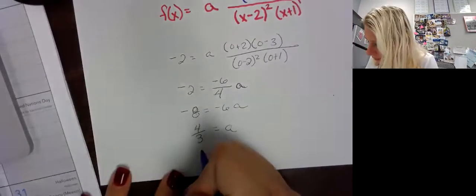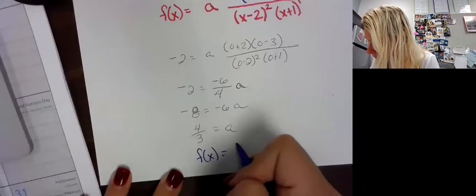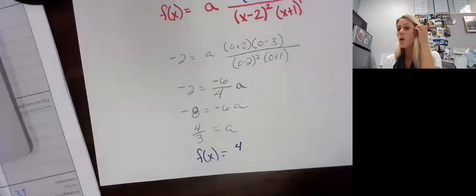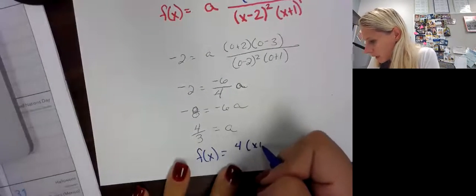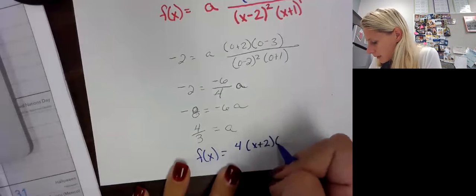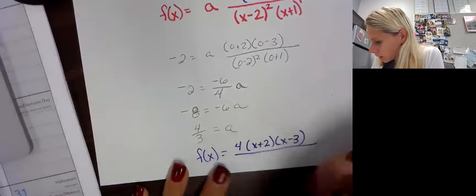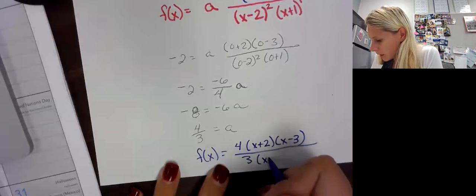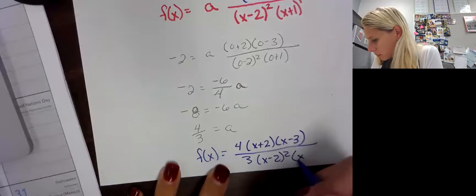Our final answer is that our f of x function equals 4. And now you could put 4/3 in front, or we could just put 4 with the numerator. So 4 times x plus 2 times x minus 3 all over 3 times x minus 2 squared times x plus 1.